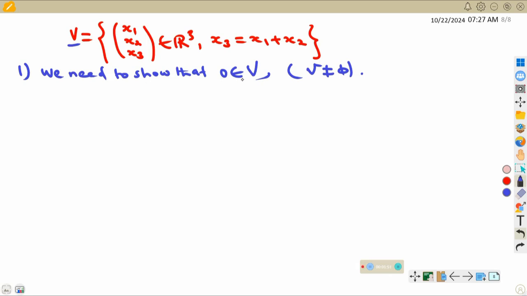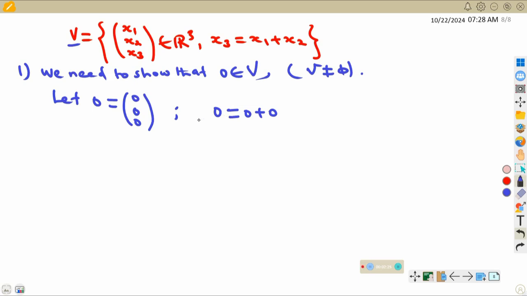So in order to show this, we shall begin with a zero vector. Let a zero vector be of the form, we are given the form x1, x2, and x3. Let us consider 0, 0, 0. So this is a zero vector, but since we are dealing with x1, x2, and x3 from R3, our 0 will also have 3 components. So now, if I get a 0, can I say 0 is same as 0 plus 0?